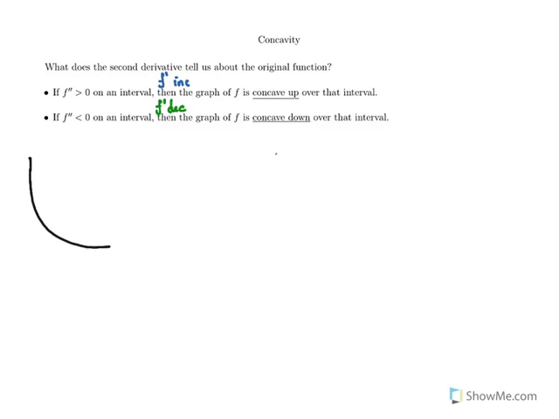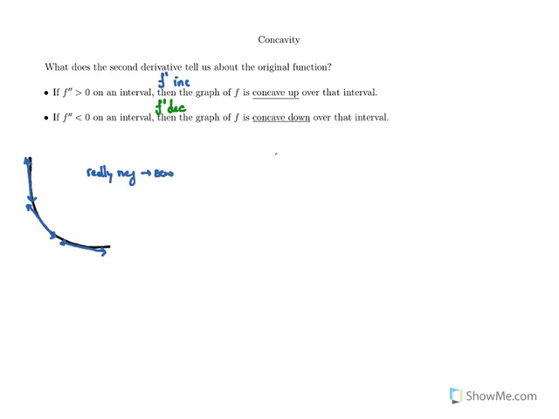So let's take a look at this one first. This is a section of a graph, and let's think about what's happening with the derivative. So I'm going to draw some tangent lines going from left to right here. And we can see that these tangent lines, as I go from left to right, start really negative, and they get shallower and shallower, so they're getting closer to 0. So this is going from really negative toward 0.